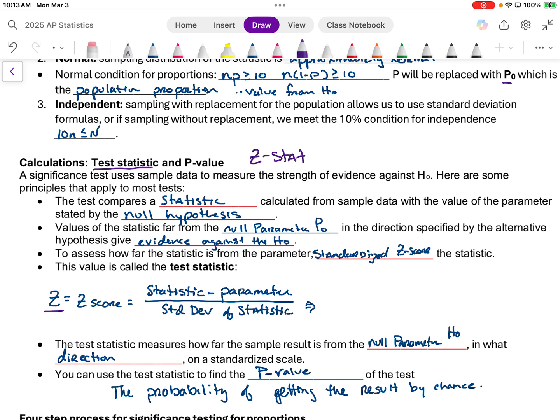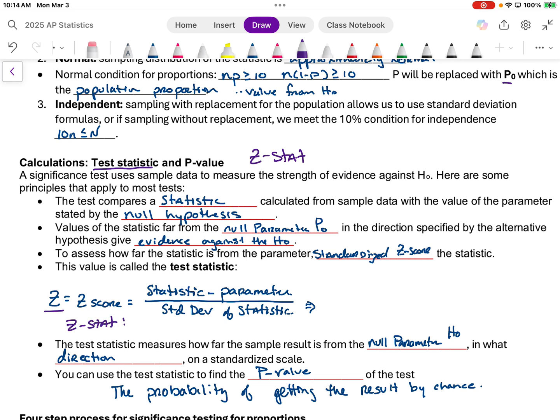To assess how far the statistic is from the parameter, we use our standardized z-score. The value of this is called our test statistic. Again, I'm going to have you refer to it as your z-stat, your z-statistic, as you show your work.